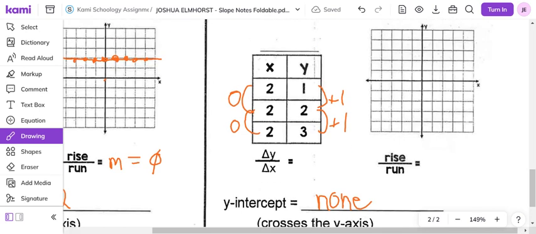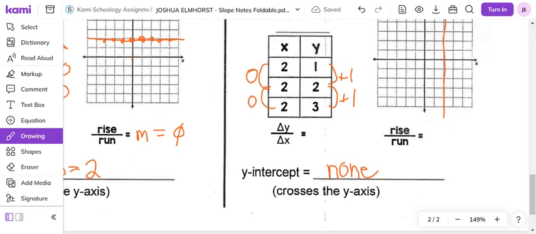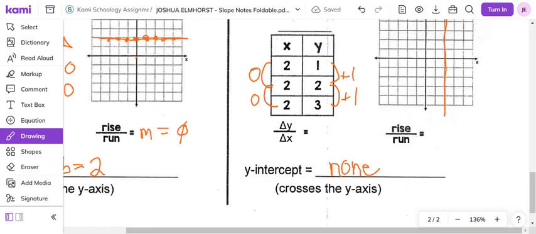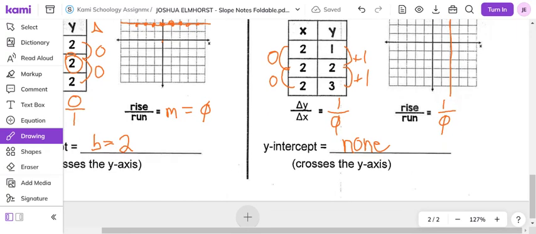So this is x is 2. This would be straight up and down. We have 1 over 0, and you cannot divide anything by 0. The change in y over the change in x. So there is no y equals anything because x is just 2.